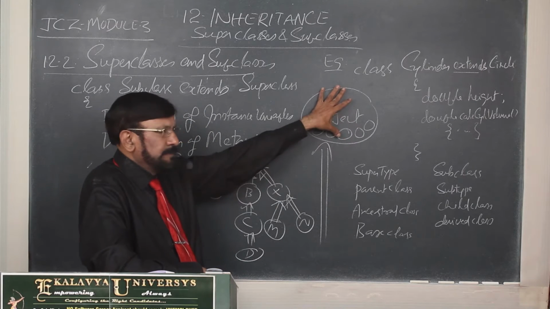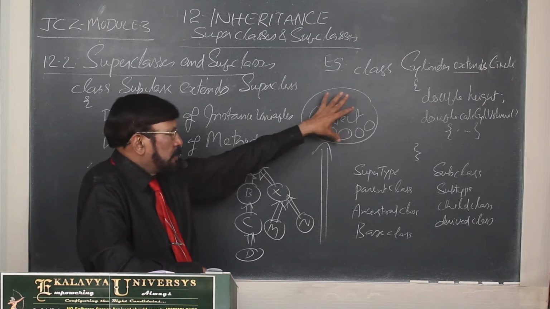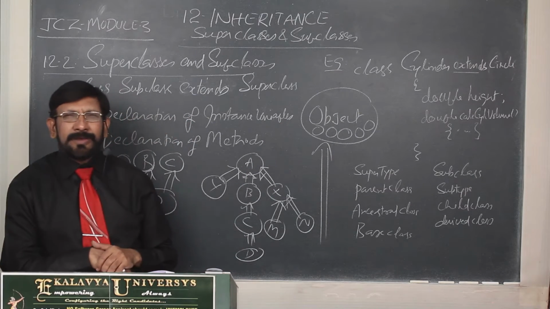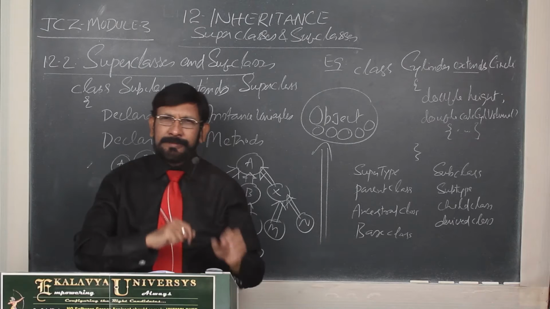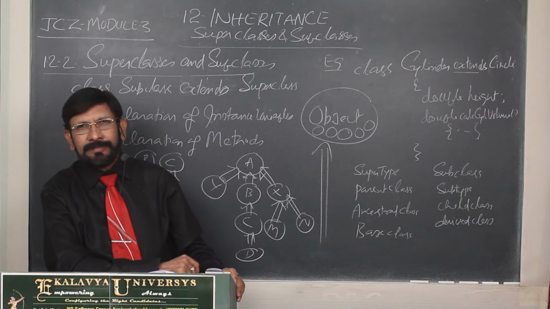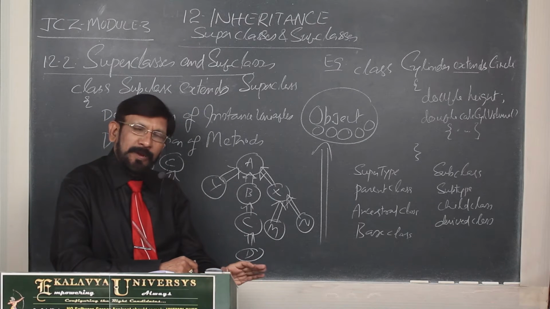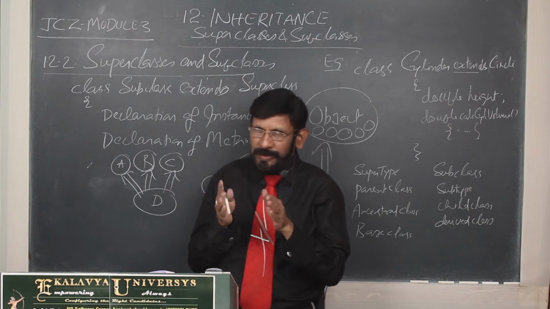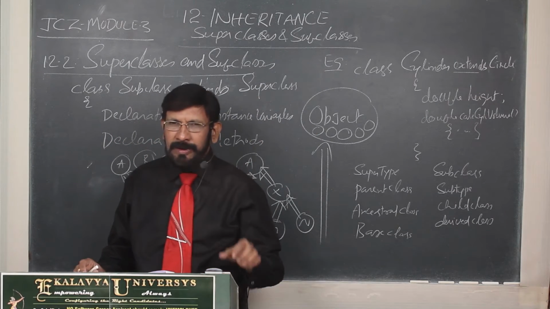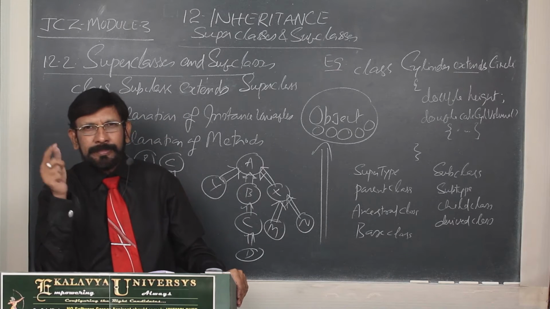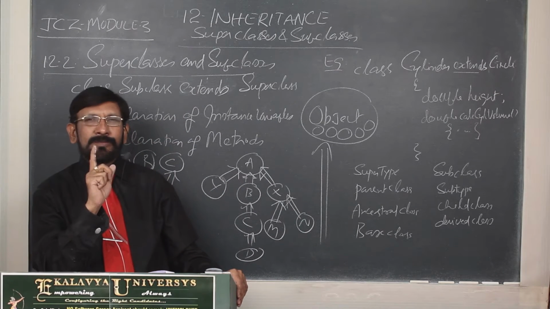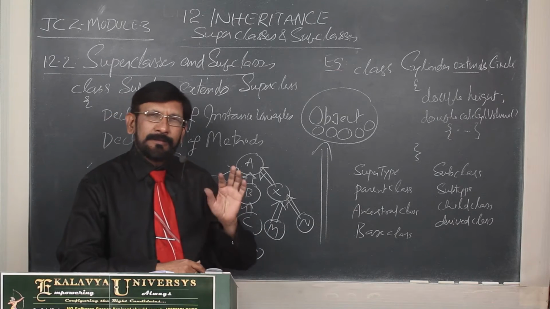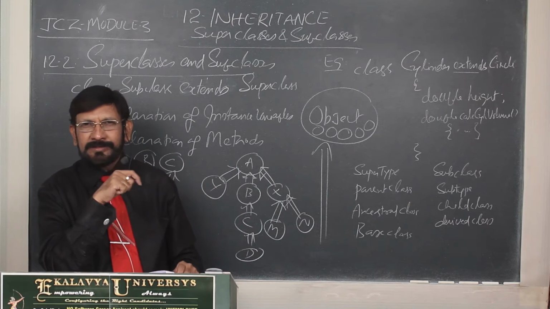And once again, in forthcoming topics, I will explain about the Object class. And one more thing in this class: because of the names super and sub, you may feel that a superclass is bigger than a subclass. That is wrong. A superclass is a general class, but a subclass is a specific class.